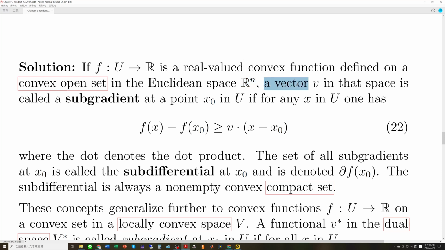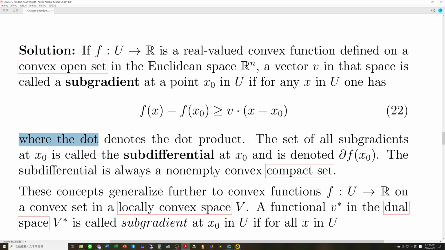A vector v in that space is called a subgradient at a point x0 in U if for any x in U one has f of x minus f of x0 is greater than or equal to v dot x minus x0, where the dot denotes the dot product.